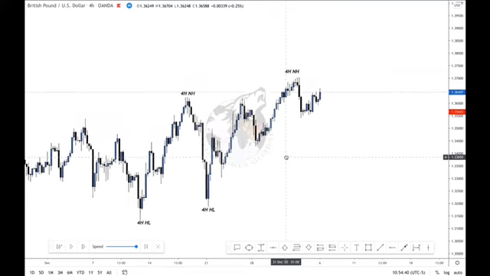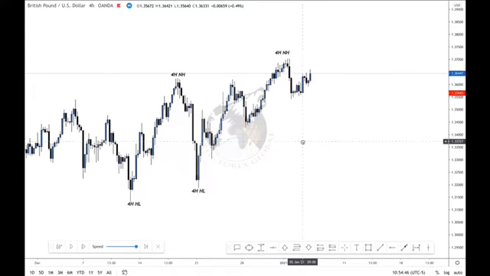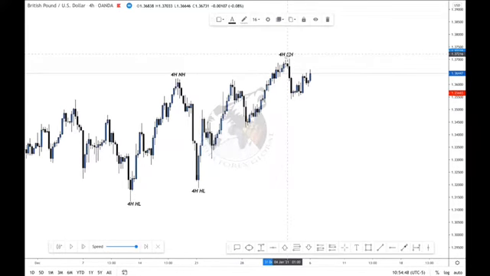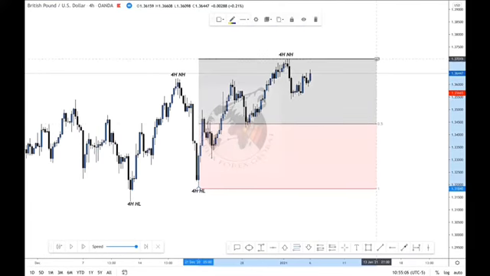So now that we have identified the 4-hour structure, which is this point, this point, and this point, from a 4-hour time frame point of view, from a 4-hour high, we need to create what? We need to create a new higher low to continue this uptrend. And normally we create higher lows in what? In discounted price.